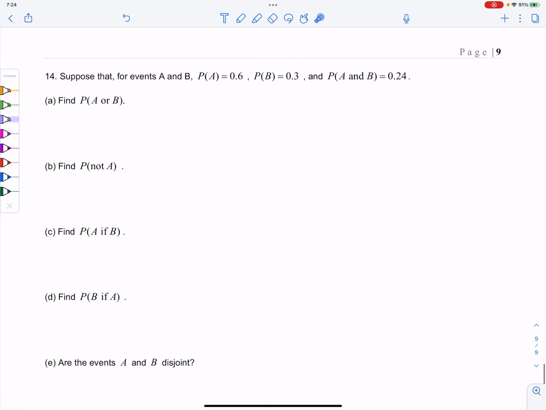Suppose that for events A and B, we know the probability of A is 0.6, the probability of B is 0.3, and the probability of A and B is 0.24.